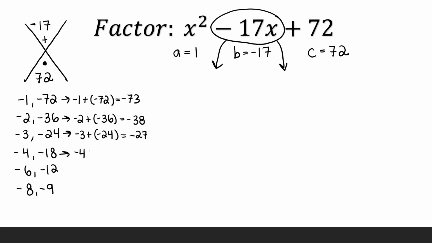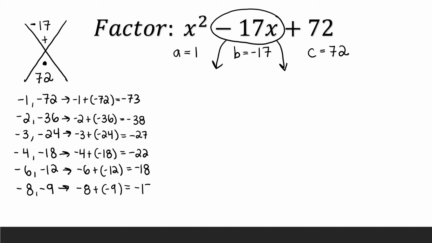Negative 4 plus negative 18 is equal to negative 22. Negative 6 plus negative 12 is equal to negative 18. And finally, negative 8 plus negative 9 is equal to the negative 17 that we're looking for.